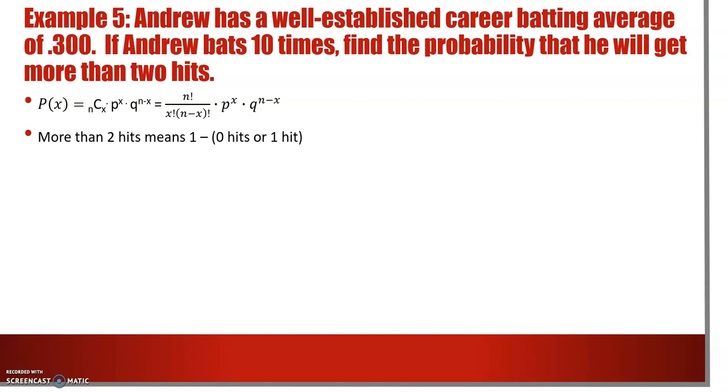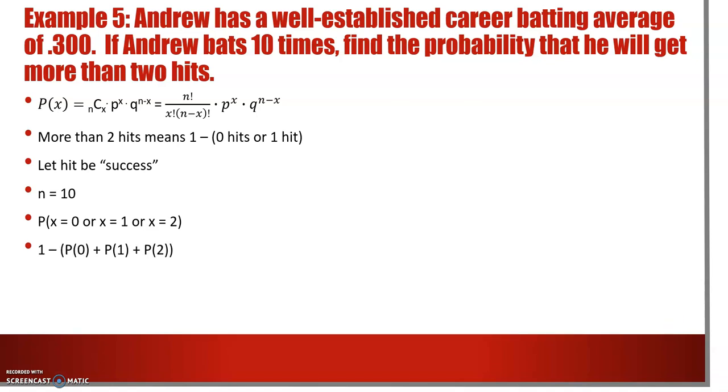He bats 10 times, so N equals 10. It says more than 2 hits, so we need to look at x equals 0 or x equals 1 or x equals 2. So 1 minus those values, for finding the probability that he will get more than 2 hits.